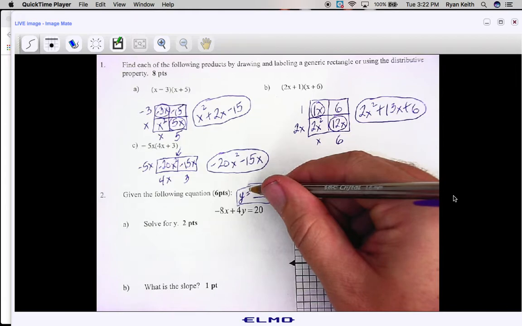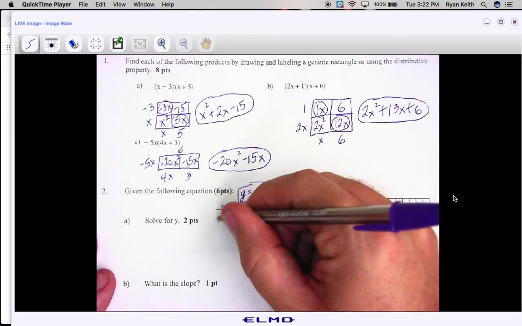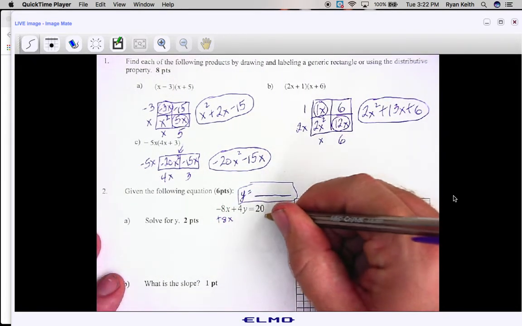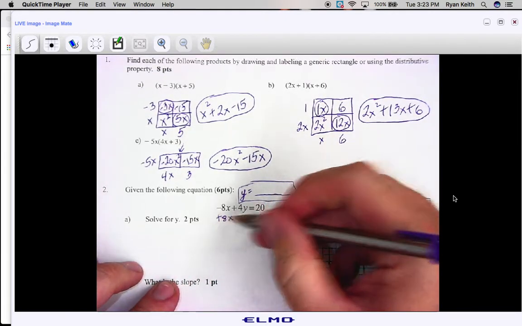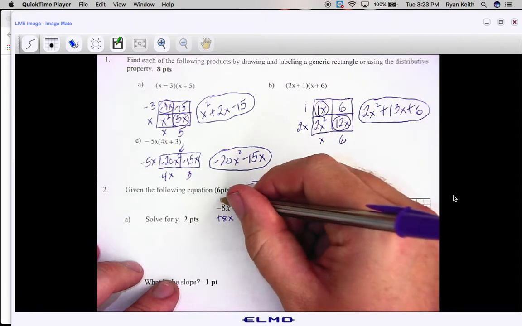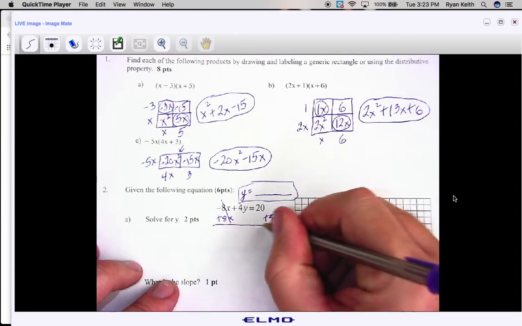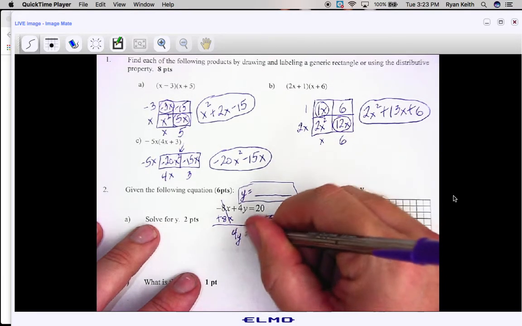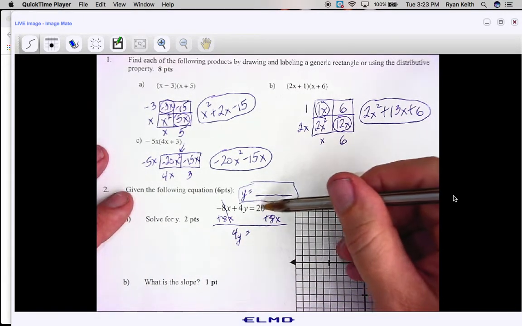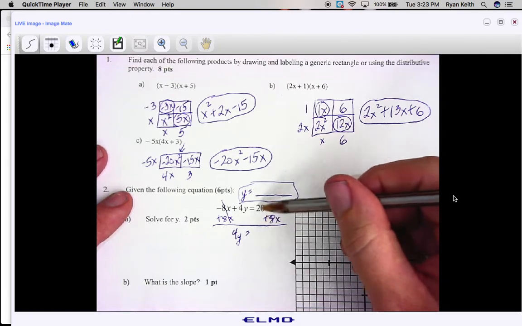If I want to get y alone, then the minus 8x needs to get moved out of the way. So I'll make it cancel by doing plus 8x to both sides. Watch those disappear. So what's left is 4y equals, now over here I have 20 plus 8x.